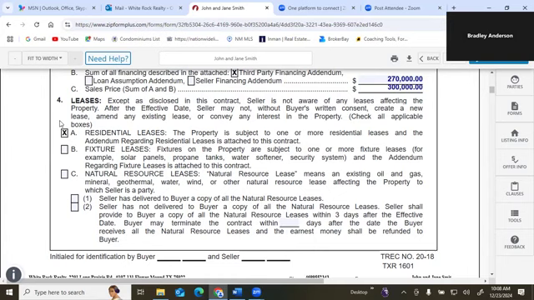And in that addendum, it's going to give the buyer 2 options from the seller. The seller is either going to agree to terminate the lease before closing, or the buyer is going to accept that lease and the tenant, and the seller is going to convey the lease, the deposit, and all the details surrounding that lease.